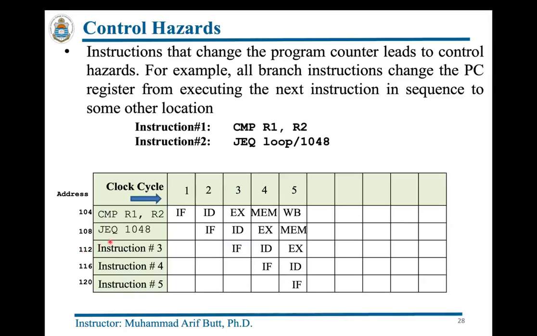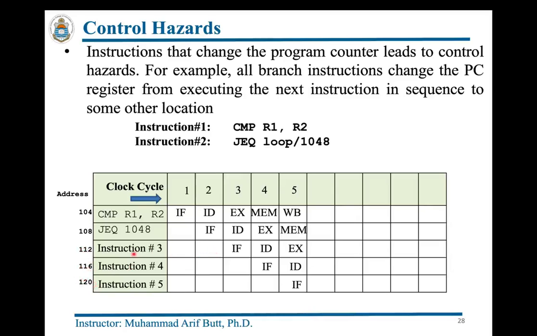Finally, note that if R1 equals R2, this jump instruction writes the program counter with the address 1048. That is, the next instruction to be executed should be from the address 1048 and not from the address 112 and then 116 and then 120.